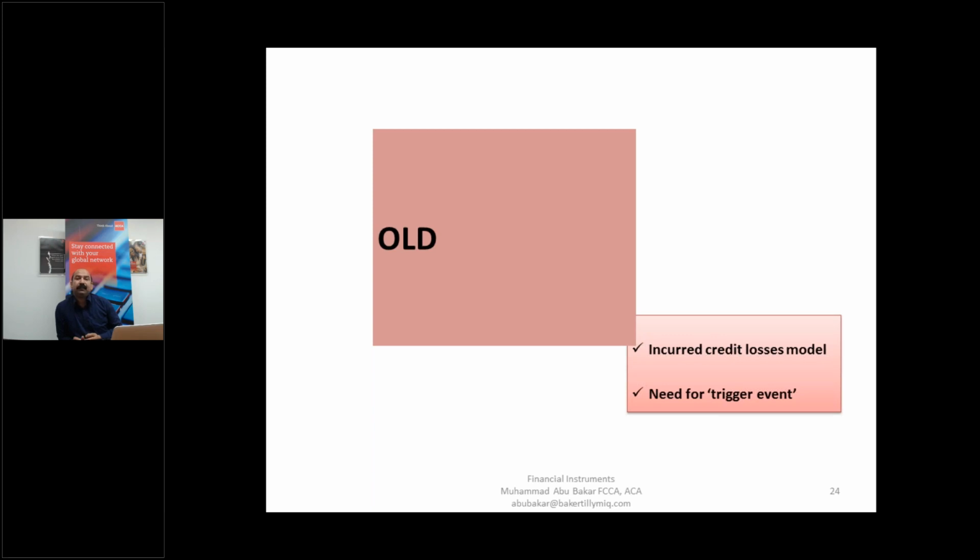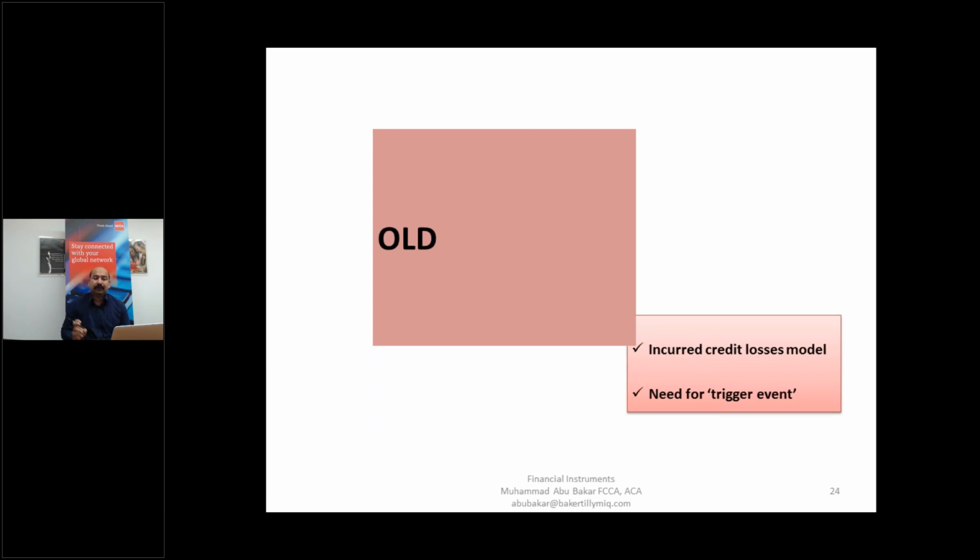As we learned in International Accounting Standard 36, except for a few transactions, normally there has to be an indicator for an impairment test. Likewise, the old approach was that there should be an indication, and only then would you carry out the impairment test.